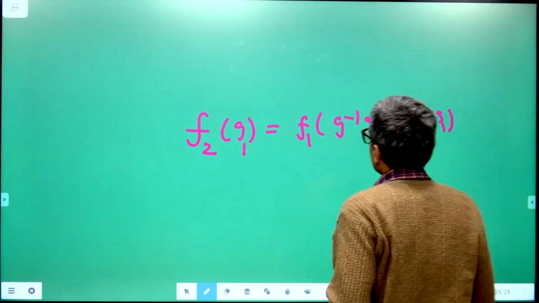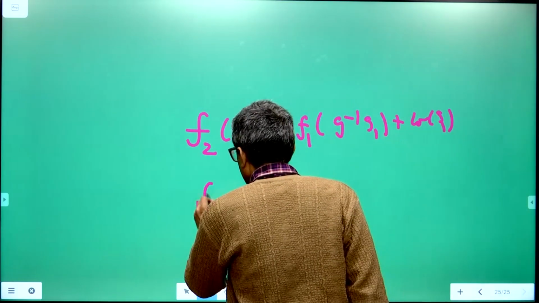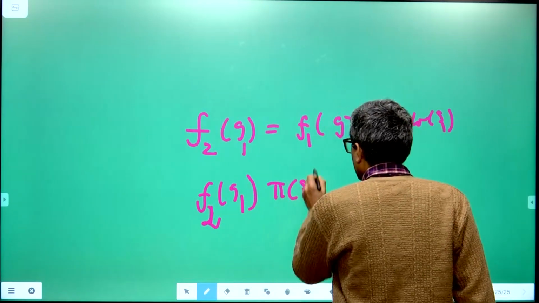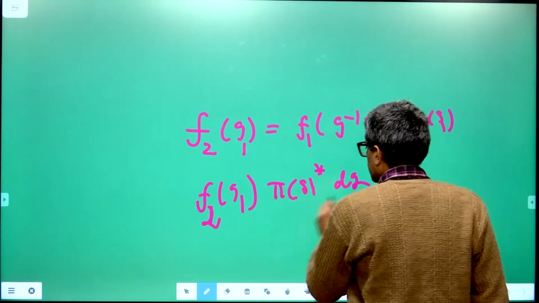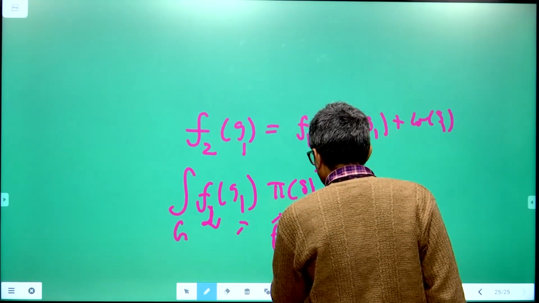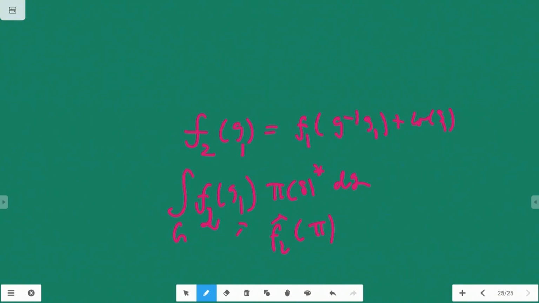If I take the group theoretic Fourier transform with respect to G on both sides, that means I compute the integral of F2 of G1 multiplied by pi of G1 star, I can choose just an irreducible representation instead of an arbitrary representation, and I denote this as F2 cap of pi. It is a matrix of size d pi cross d pi, where d pi is the dimension of the vector space on which pi acts.